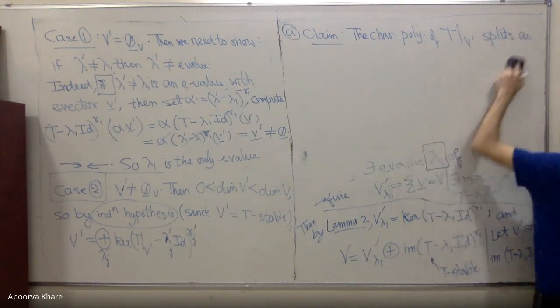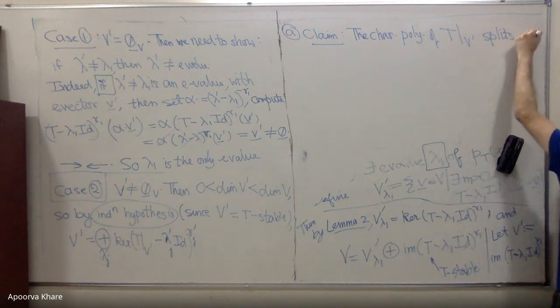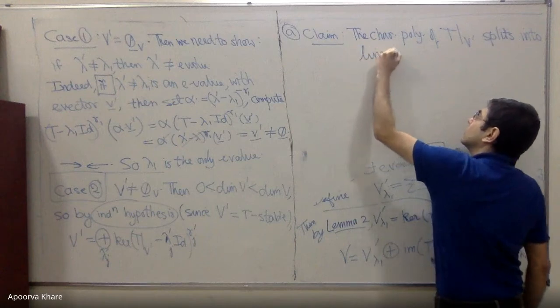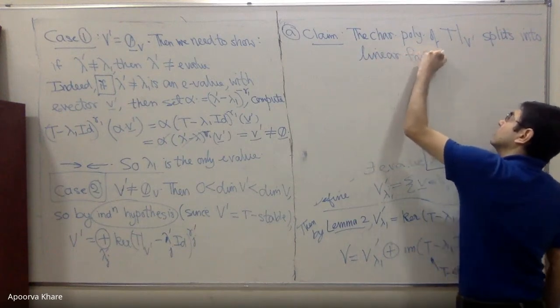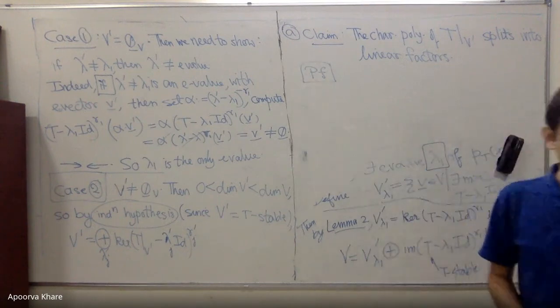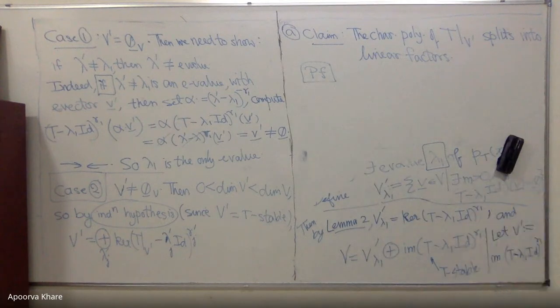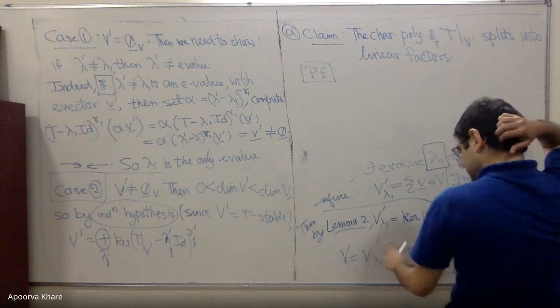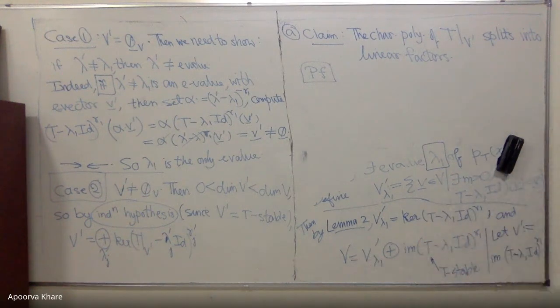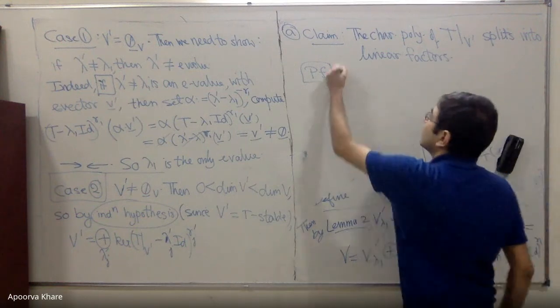It splits into linear factors. This is easy by lemma 2. Lemma 2 says that V is a direct sum of this and this, and both of those subspaces are T stable.